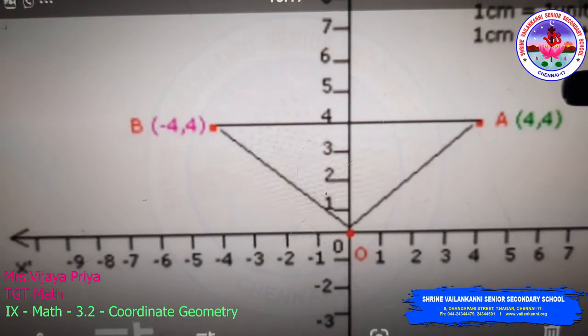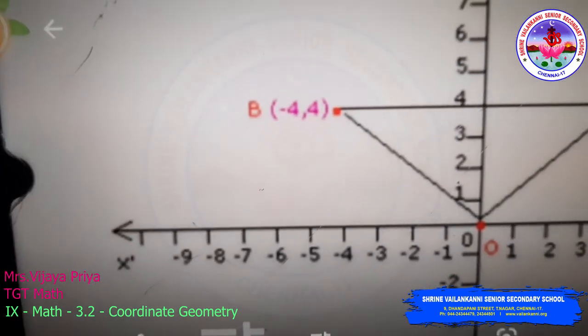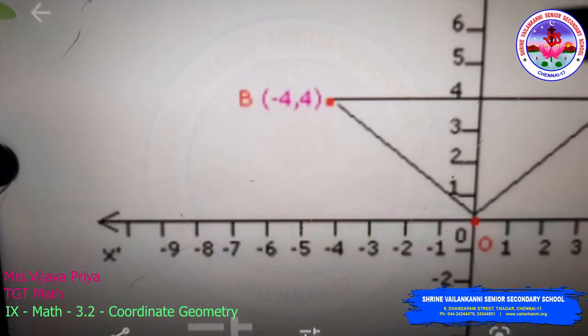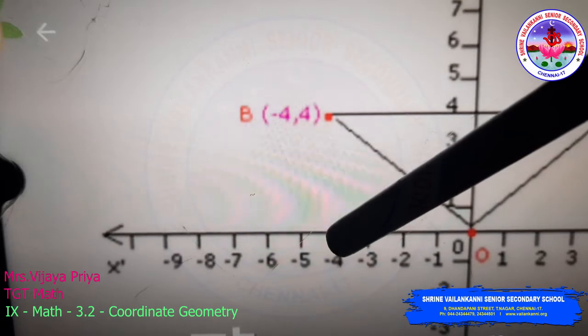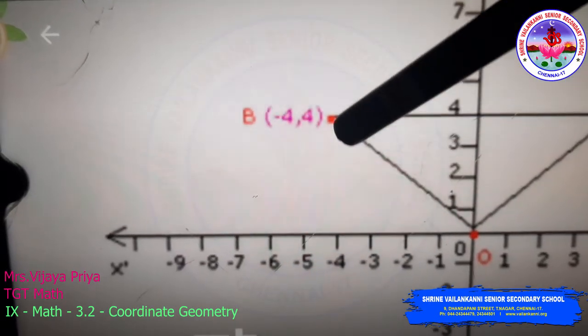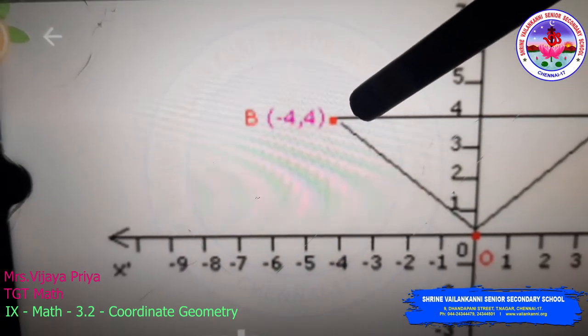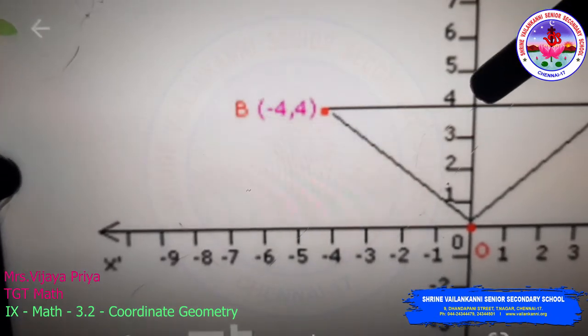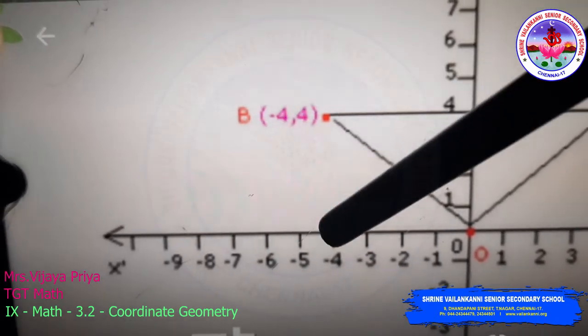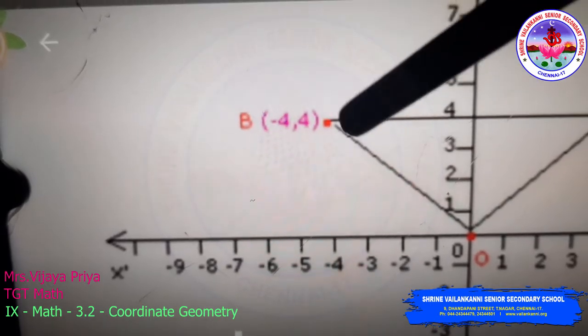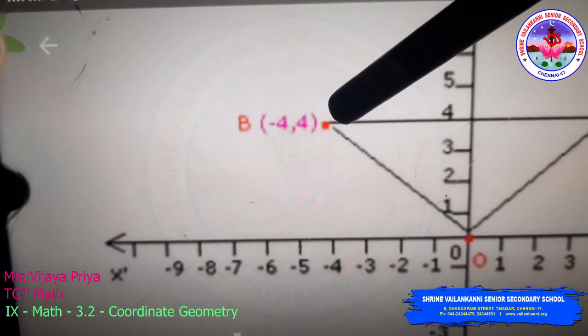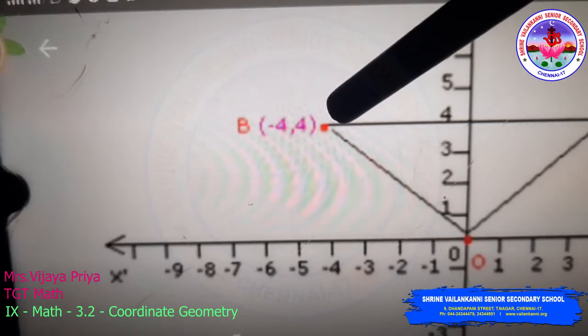Now going to the B point, B is (-4, 4), where my x value is -4, moving upward to the positive y-axis. So y-axis is 4, where the intersection point is B (-4, 4).